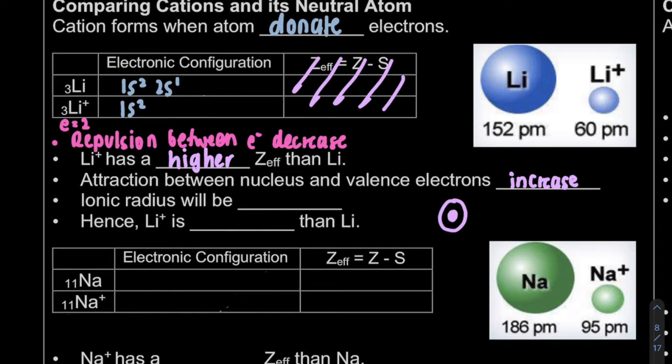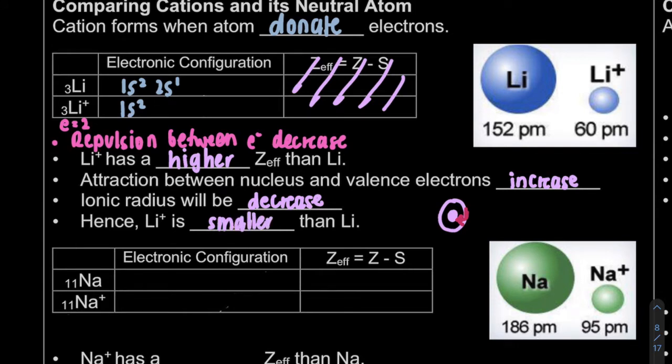If the attraction is stronger, dia punya radius akan lagi kecil lah, sebab our electron tu suka lagi ke arah nucleus. So the ionic radius will decrease.